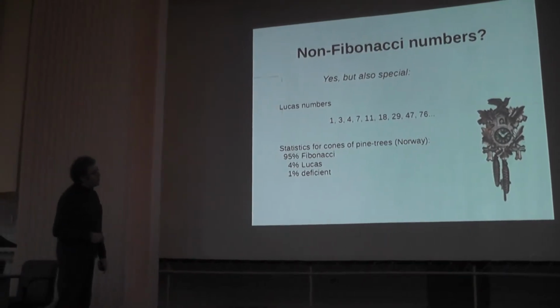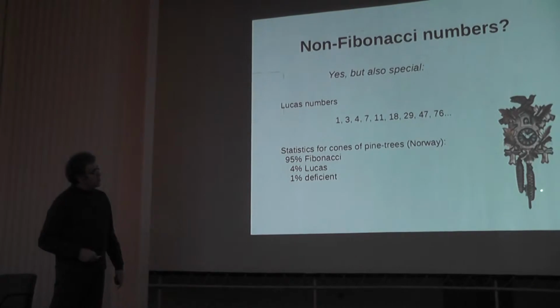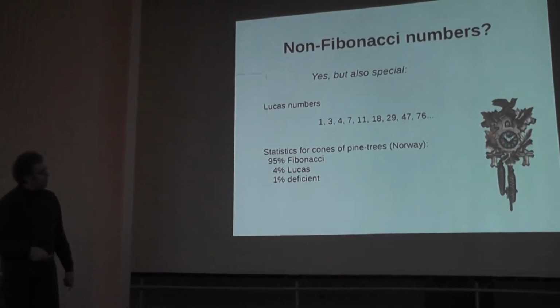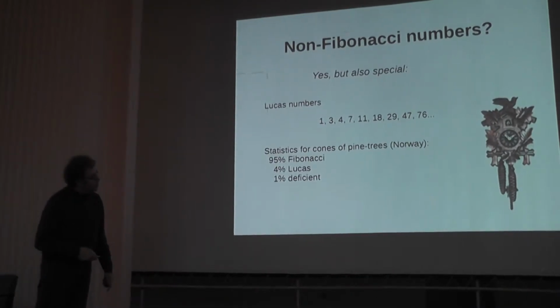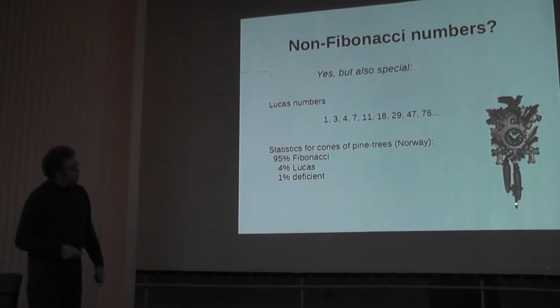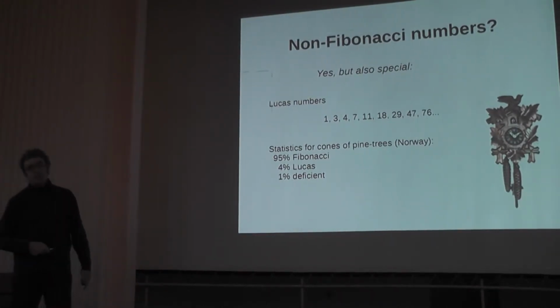Point number two is that if you pick a cone not from the natural world, but let's say take a cuckoo clock, and there are these nice cones, and if you pick one at the clock shop and count, then the man-made cones are never Fibonacci.